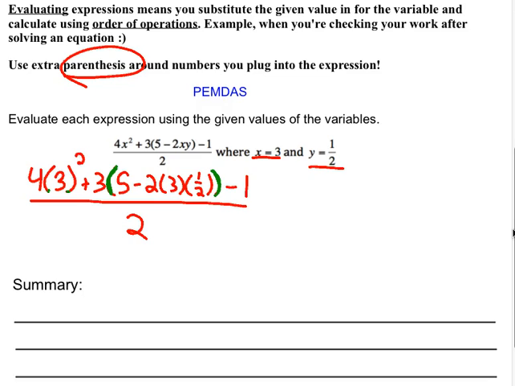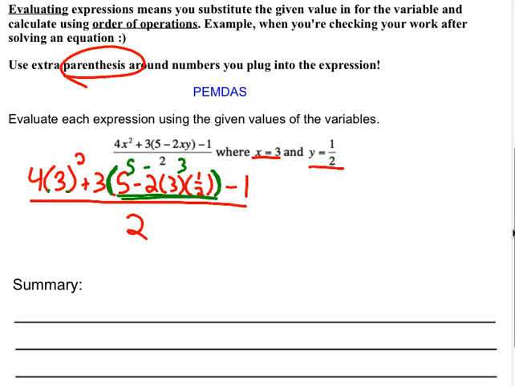I want to deal with this because it says deal with anything inside of a parenthesis. Well, even inside that parenthesis, I see some things happening. I see subtraction and I see multiplication. But if you notice, multiplication is faster on that list for PEMDAS, so that's what I'm going to do first. So I'm going to do the 2 times 3 times 1/2 because multiplication as a chain just happens left to right. 2 times 3 is 6 times 1/2, so that's going to give me 3 again.